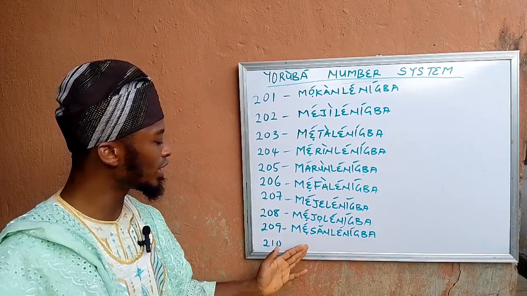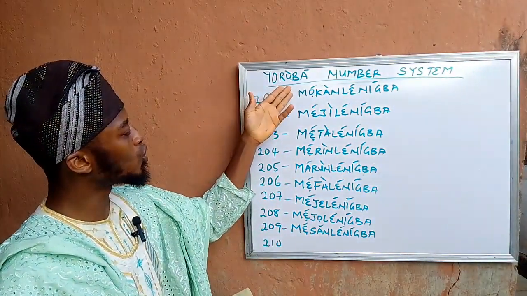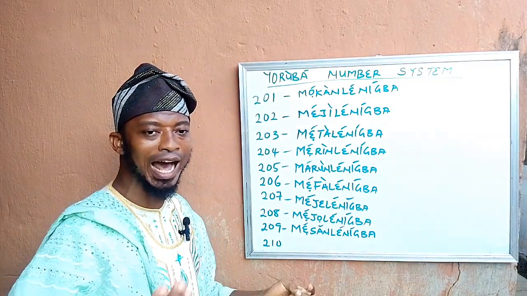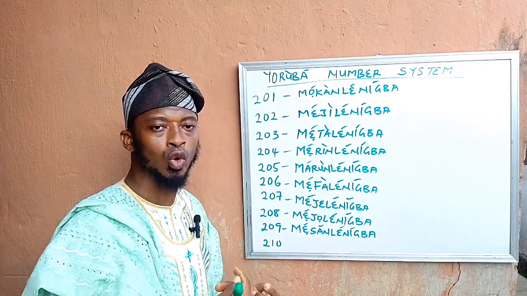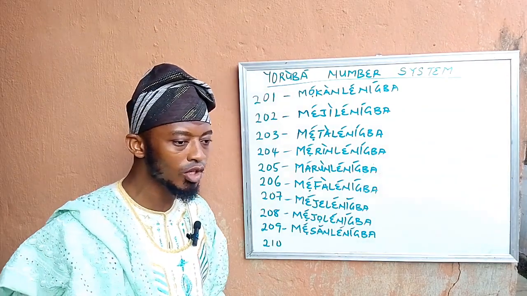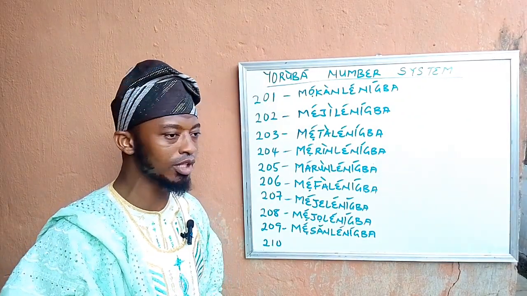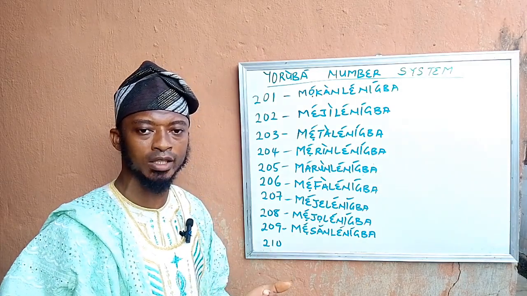So from 210 now, this is where it changes. From 201 to 209, we just take the number as you know it before, then add it to 200. From 210, the pattern is going to change. There's nothing technical here. It's quite simple. Just follow with me. If you remember in our previous video, we talked about 220.